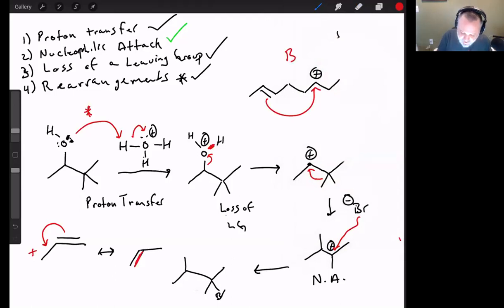This is a bad arrow. There's a lot of reasons why it's a bad arrow. One of the reasons is it's just violating the rule. I said don't skip over a bunch of atoms. We only move things one step at a time. And plus, I can't form a double bond here because there are already a couple of hydrogens.